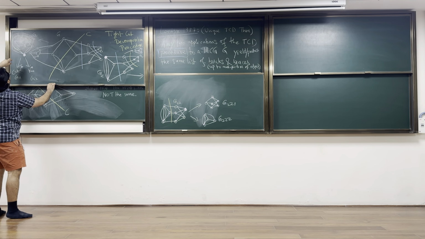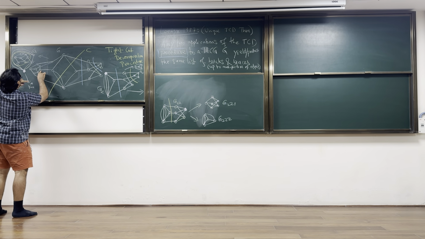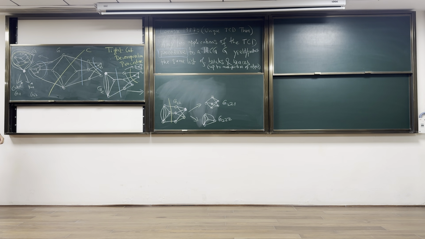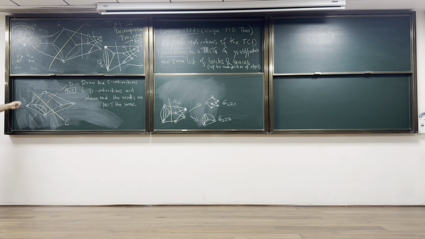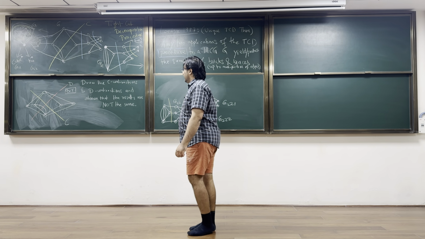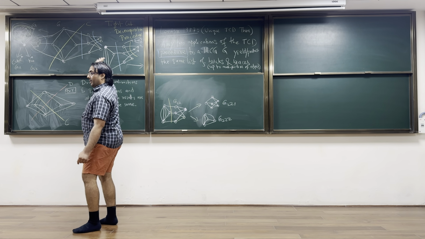This cut here, it is corresponding to what? 1, 2, 3. It corresponds to this. Is that correct? Yeah. So what we have done is we have taken all the cuts, we have lifted them to the original graph.